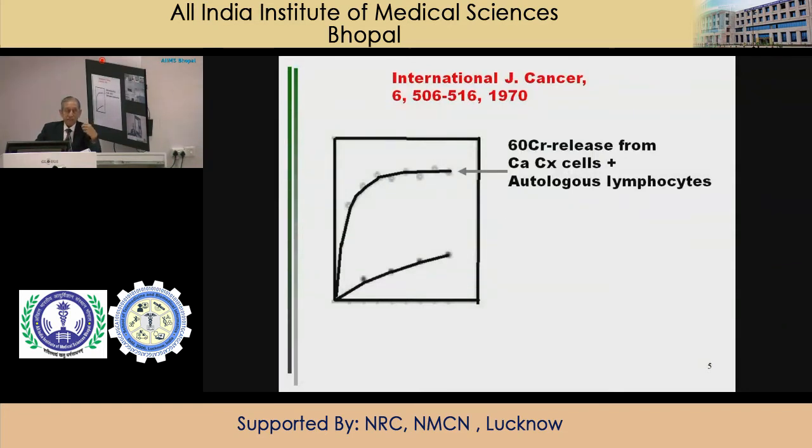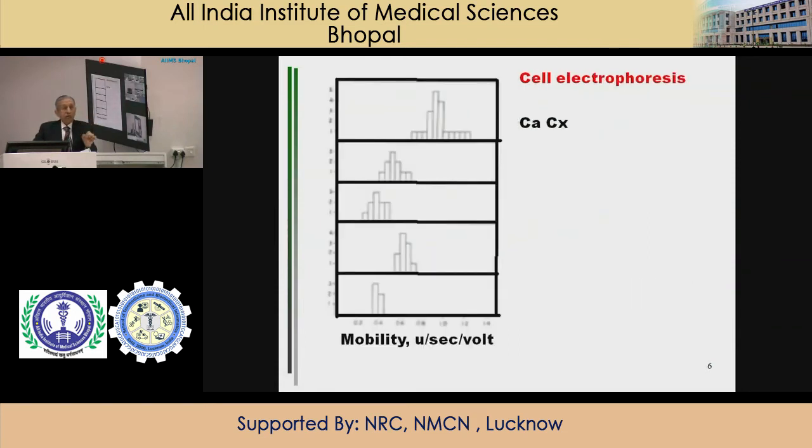Then when cell lysis occurs, it will be released, and therefore cancer cell lysis can be identified by the chromium release. This is well known, a standardized technique, so I am not going into greater detail.